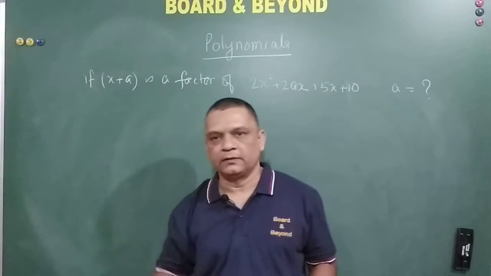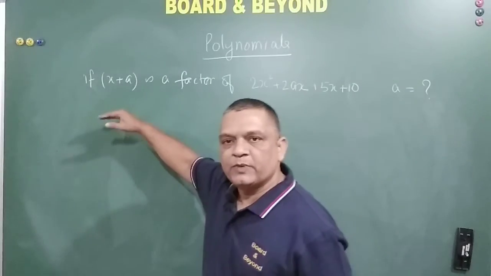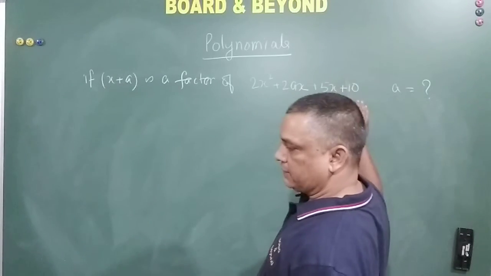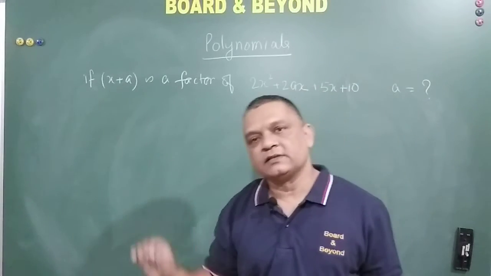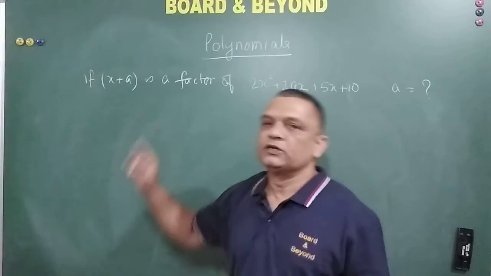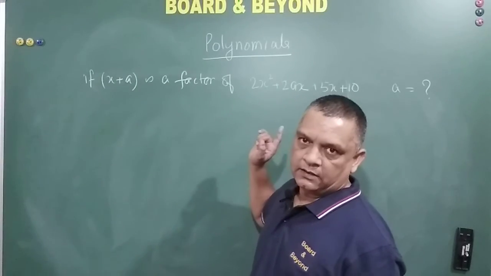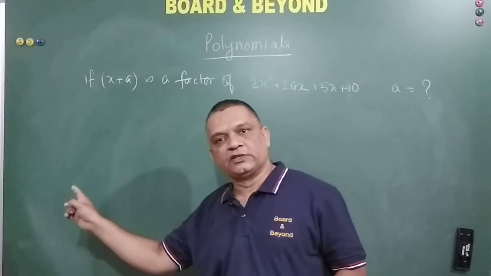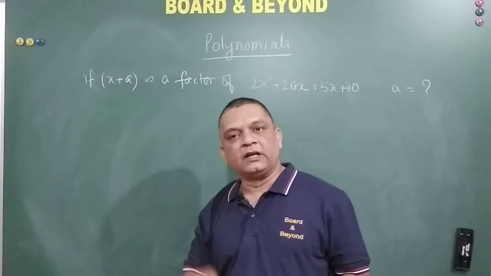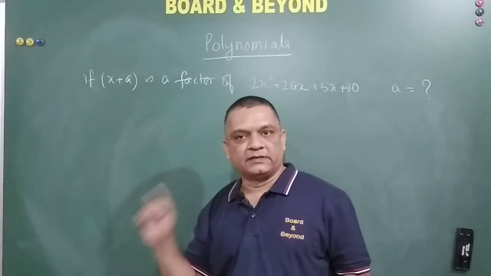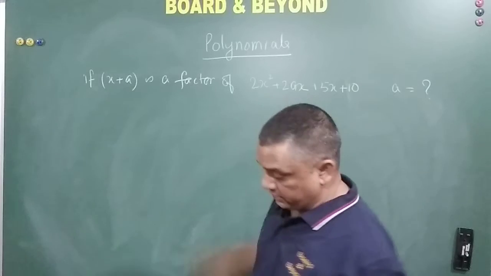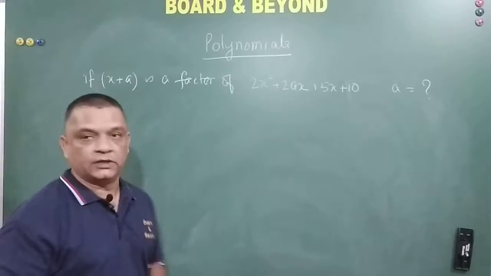Let me repeat it, okay? If x plus a is a factor of this polynomial, that signifies that minus a is a root of this polynomial, which says that if we replace x with minus a, this polynomial value should be equal to 0.